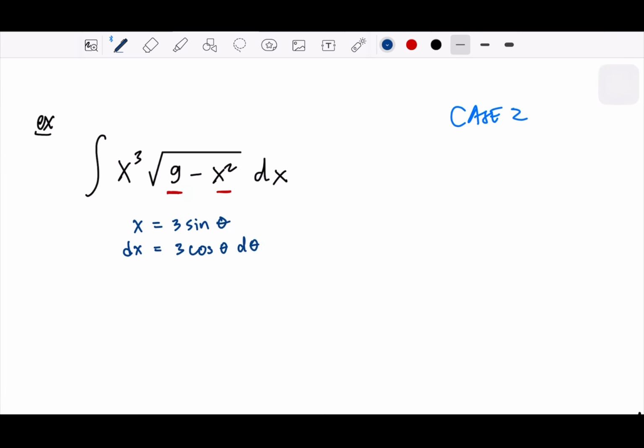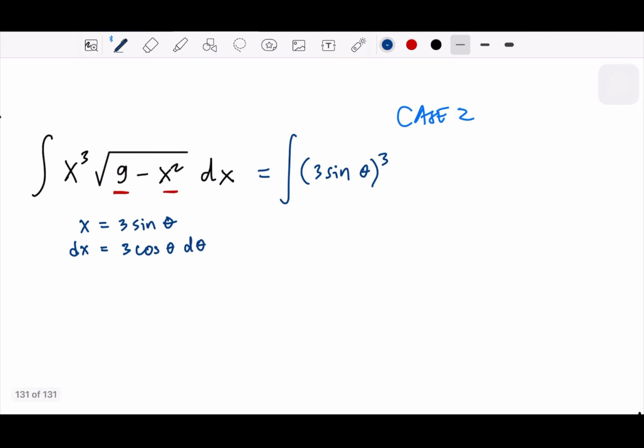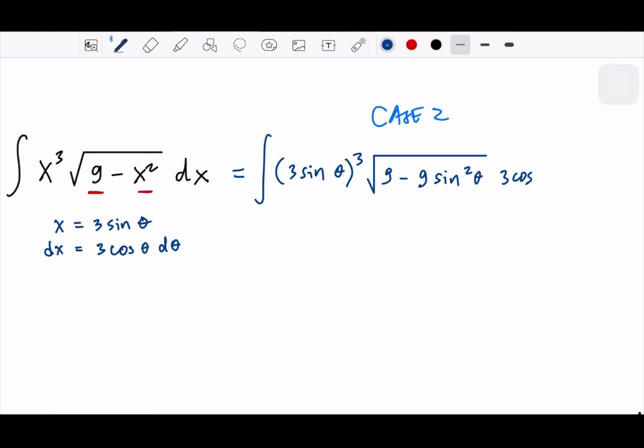Take the substitution: x becomes 3 sine theta, cubed, and the square root of 9 minus 9 sine squared theta, and dx becomes 3 cosine theta d theta. Now this square root part becomes 9 cosine squared, and if we take the square root of this, it becomes 3 cosine theta.